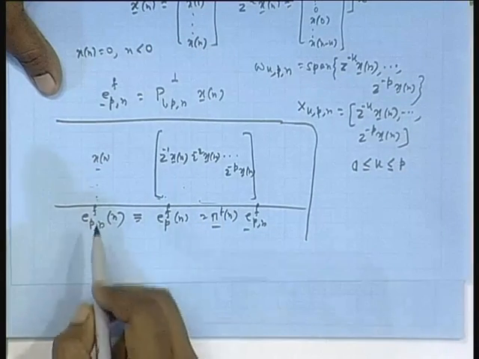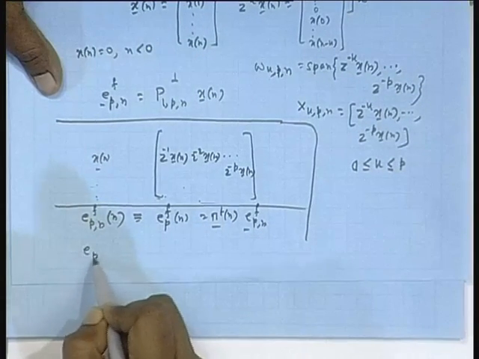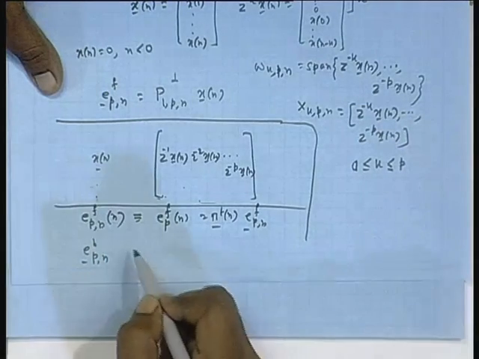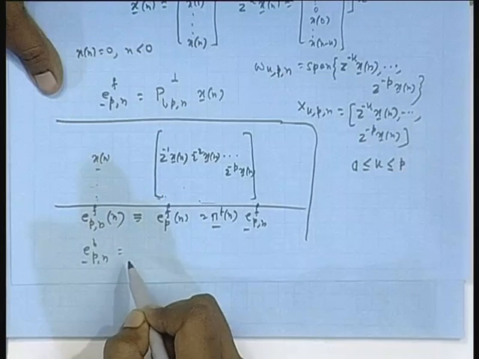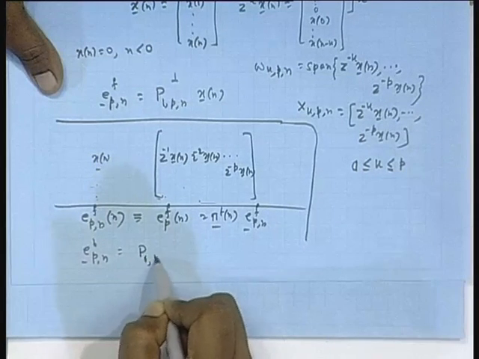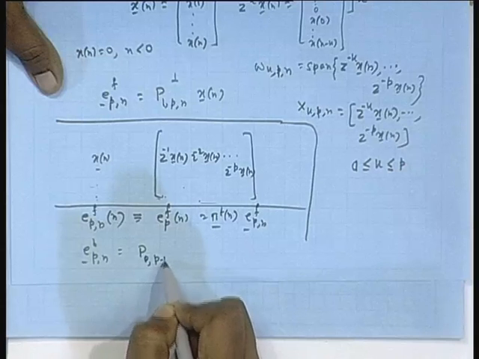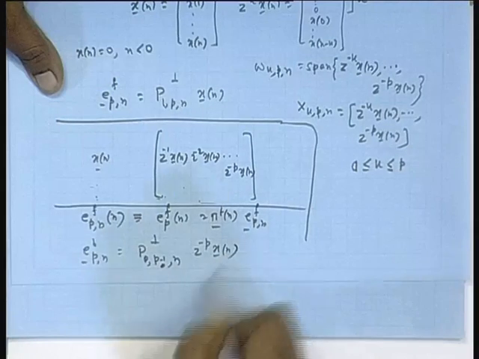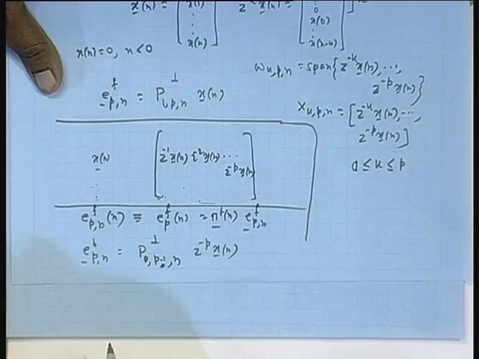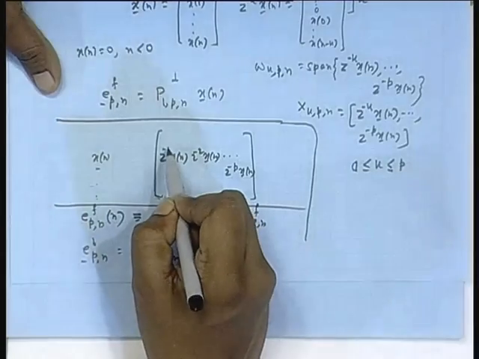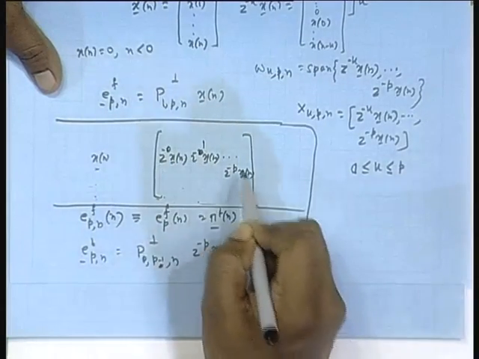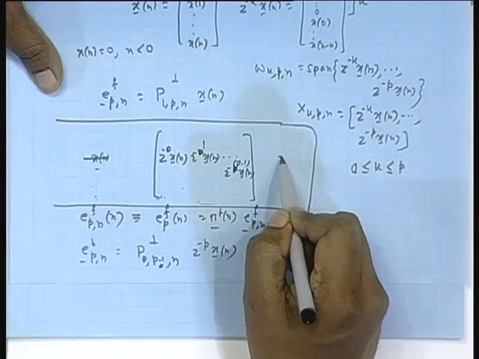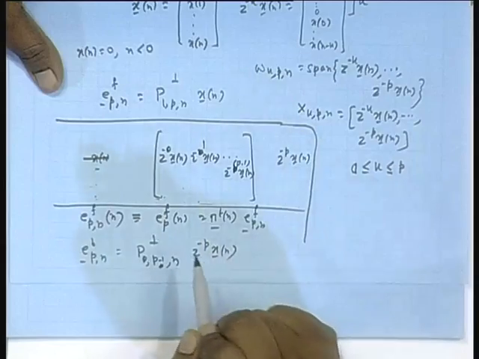Okay. Similarly, we have got the backward prediction error vector, that is, first let me write down 0 to p minus 1, sorry, in this case this will start at z minus 0 and go up to p minus 1, and instead of this we have got this vector.